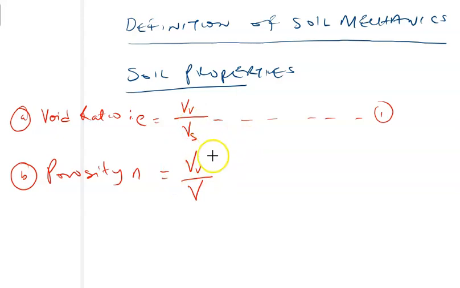So how do we express these two things? Let's see the relationship between the void ratio and porosity. Here we have N equal to VV over V. It follows that if we invert, 1 over N is equal to V over VV.